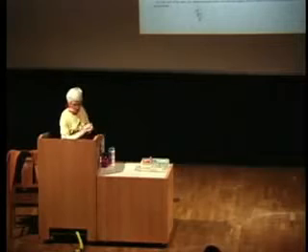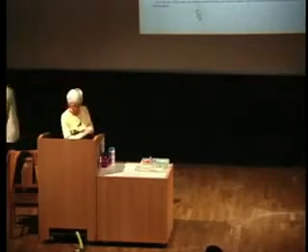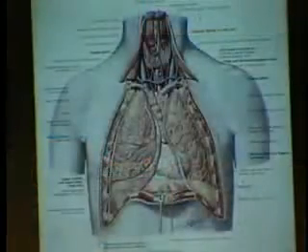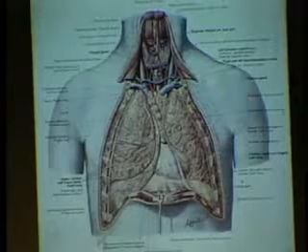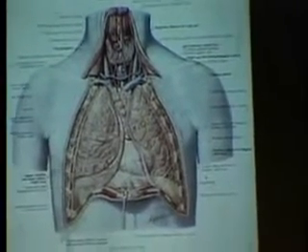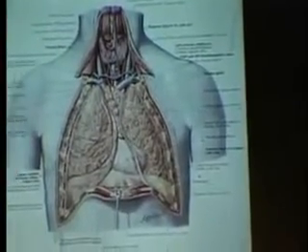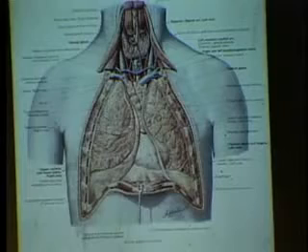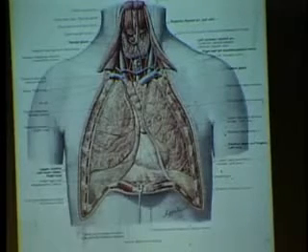Oh, I should have put mammotrophs were 20% and thyrotrophs were 5%. That'll give you your 100%. Somatotrophs were 50%, corticotrophs 20%, gonadotrophs 5%, thyrotrophs 5%, mammotrophs 20%. But it gives you an idea of the proportion of function of these hormones coming from that little anterior pituitary, which is no bigger than the size of a pea.